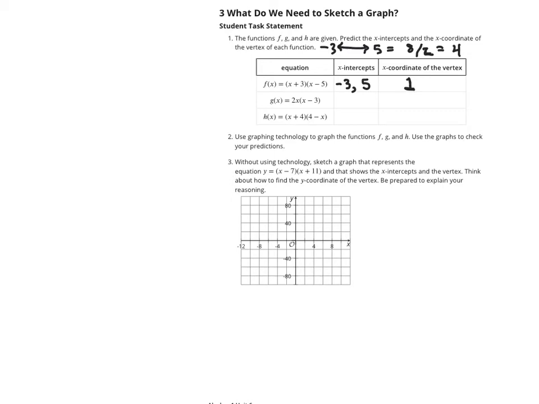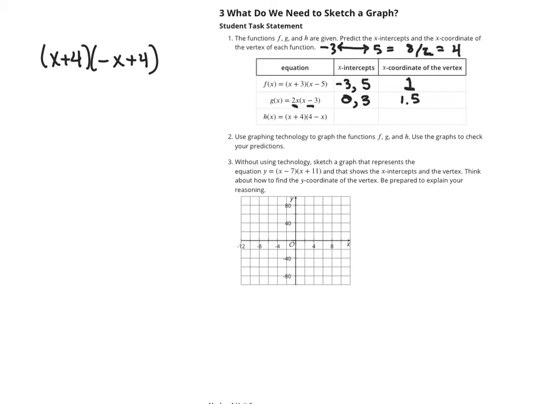All right, let's try this next one. My x-intercepts are going to be 0 and positive 3. The distance between 0 and 3 is 3. Half of that distance is 1.5, so that's going to be my x-coordinate of the vertex. For h of x, I have x plus 4 and negative x plus 4.